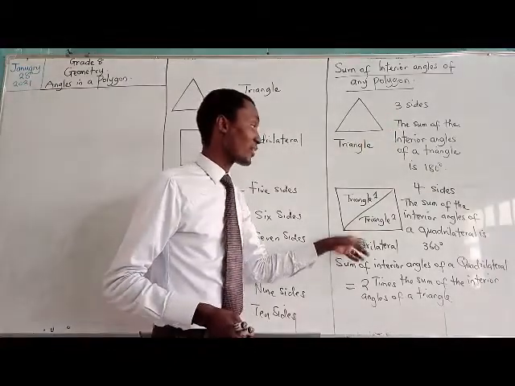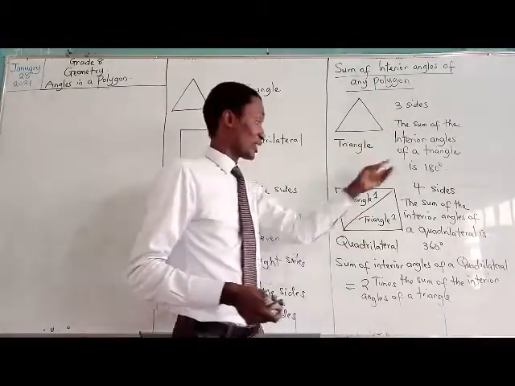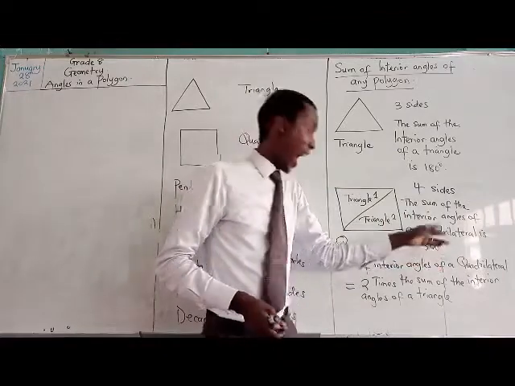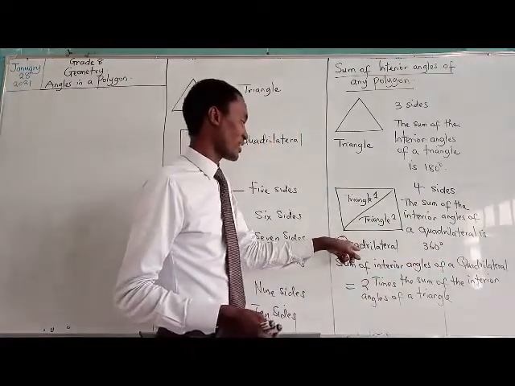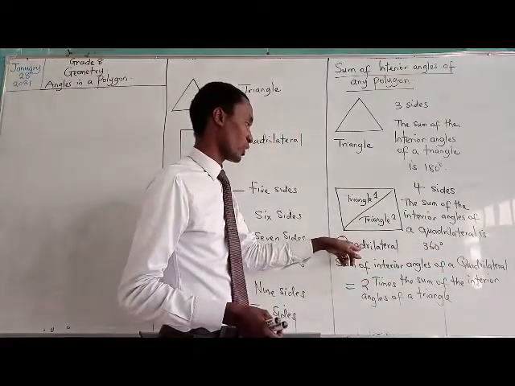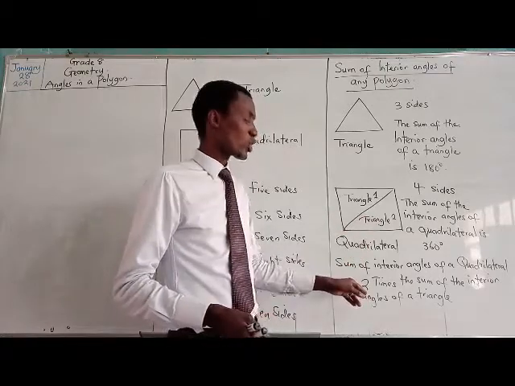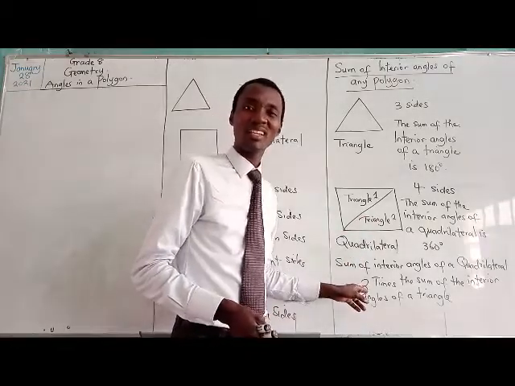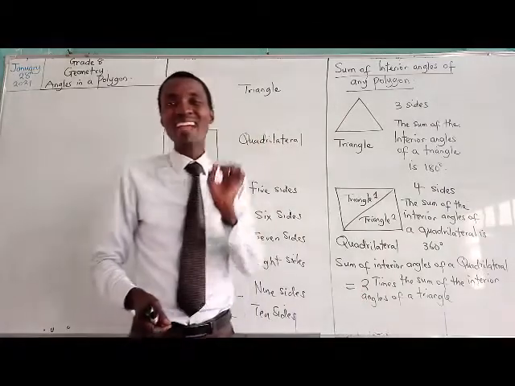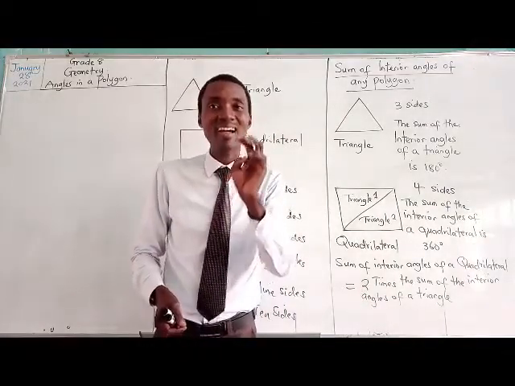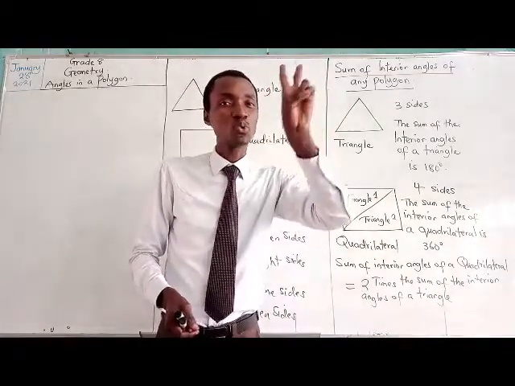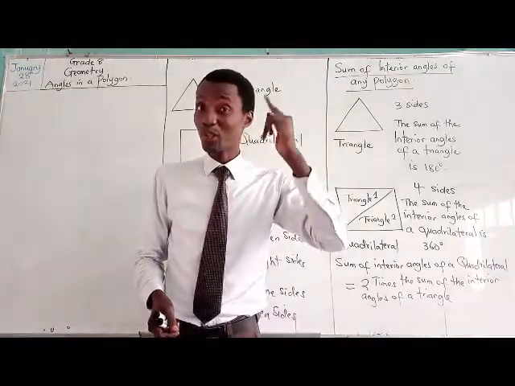For a quadrilateral, you have 2 triangles, the sum being 360, and the sum of the interior angles of the quadrilateral would simply be 2 times that of the triangle. So every quadrilateral would have how many triangles? 2. Please follow me closely.